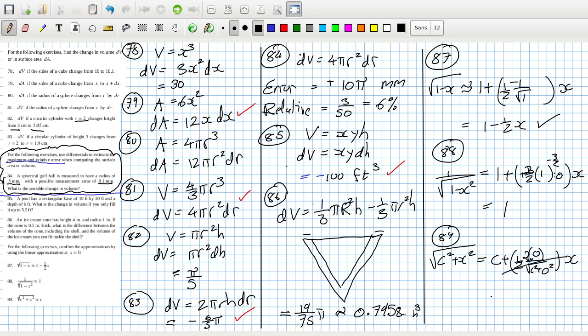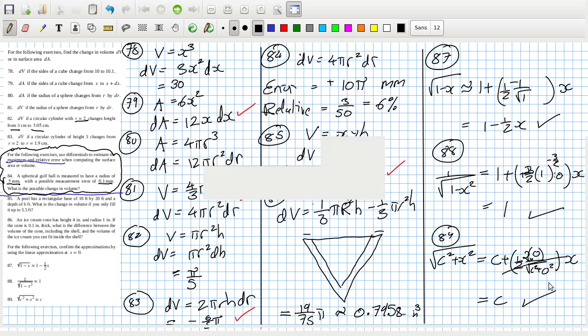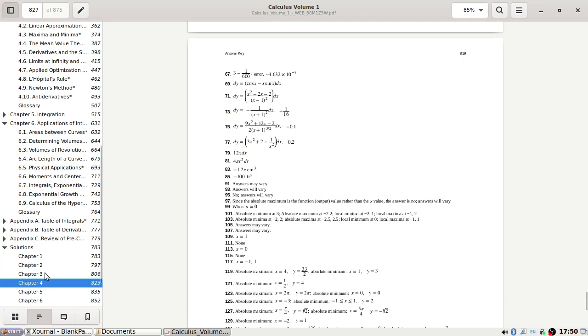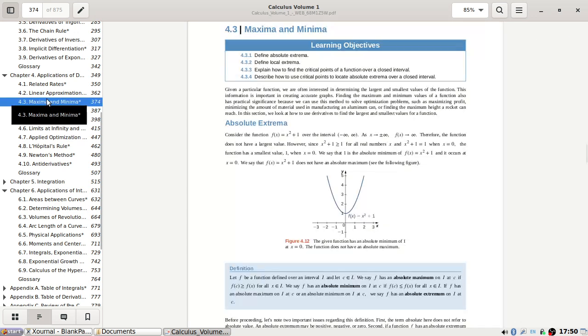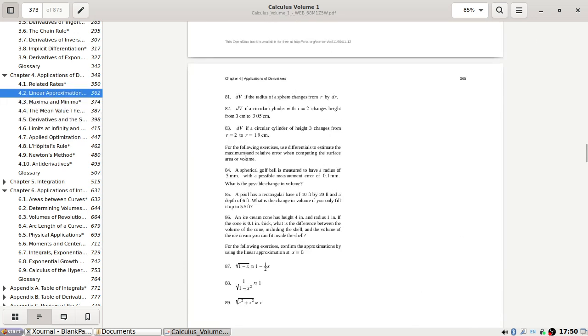So that makes that gone, and that will equal c. And that is the end of 4.2, it looks like.